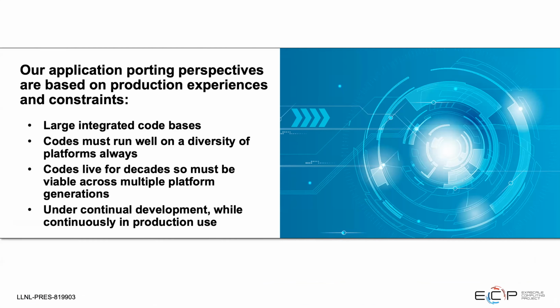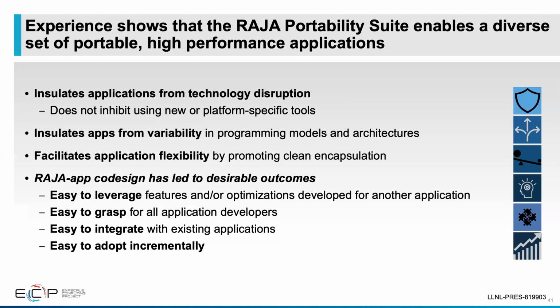So the theme here is that what drives the development in RAJA is very much the needs of the application, right? We work with large integrated codes with many modular packages, and we know that these codes have to run on a variety of platforms and are under continuous development. In working with these applications, we found that the RAJA Portability Suite enables applications to be portable and high performance.